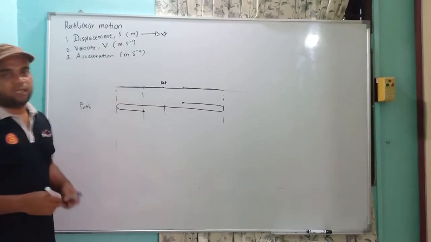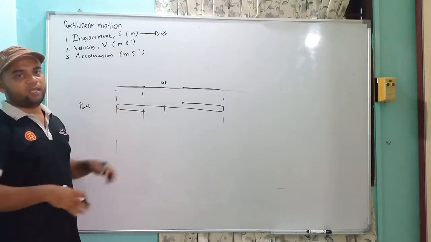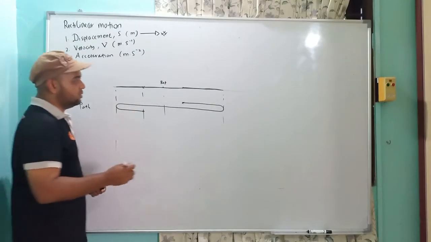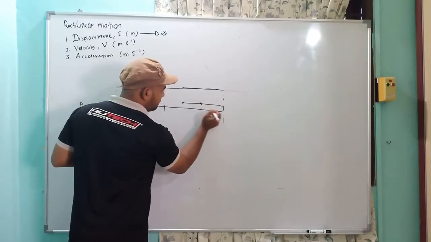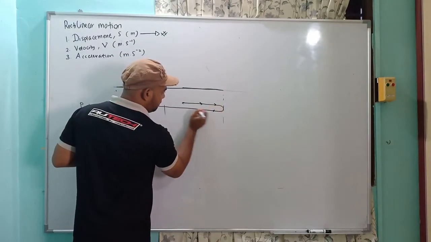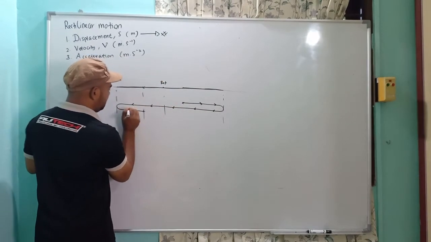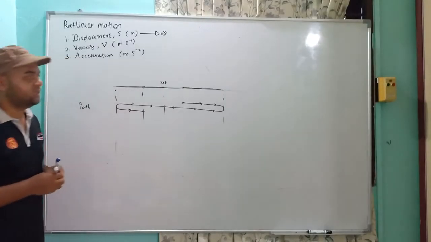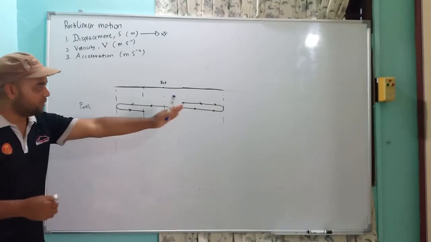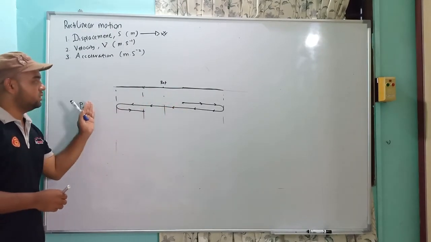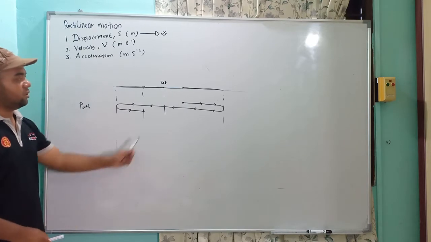So this is the movement. From here it goes straight to the front, goes backward, turns, and stops at this point. I draw the path so that I can see where exactly it moves.